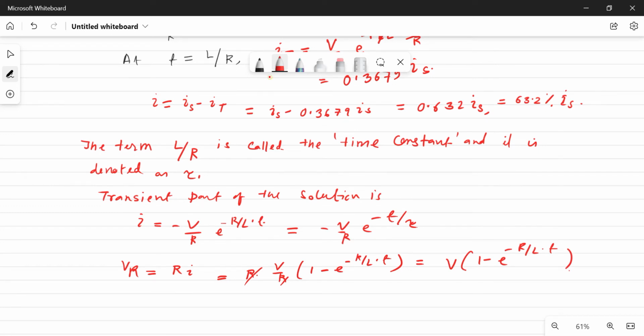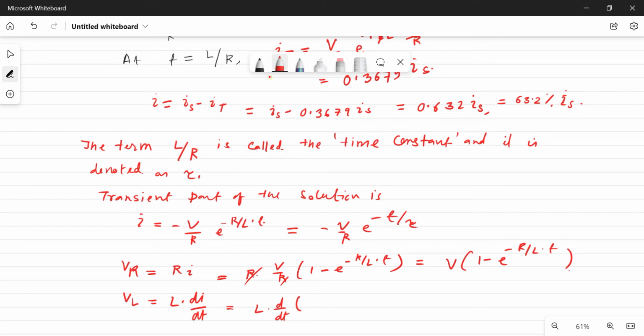Similarly, the voltage across the inductor, VL, is equal to L di by dt.